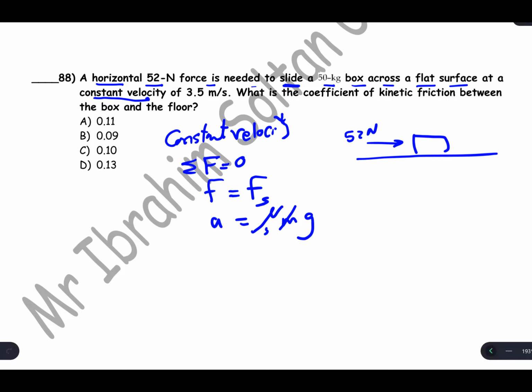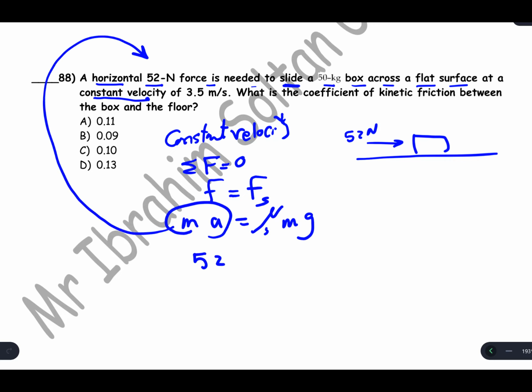You have the force, so let's return it as it was. You have 52 equals mu s times, and it is not s, it is mu k. Why? The object is sliding. Times m, m is what? mg.